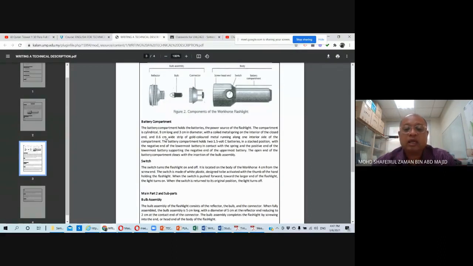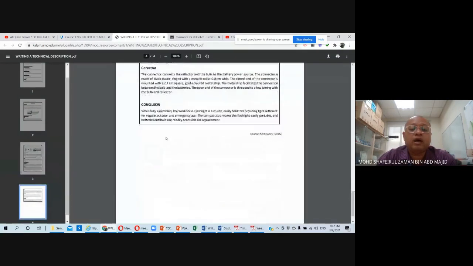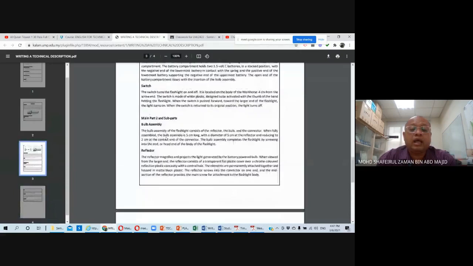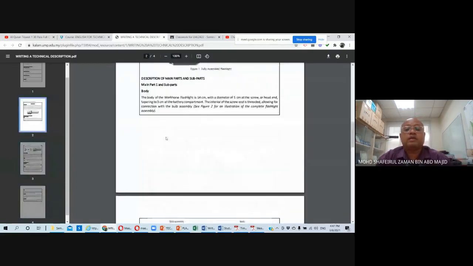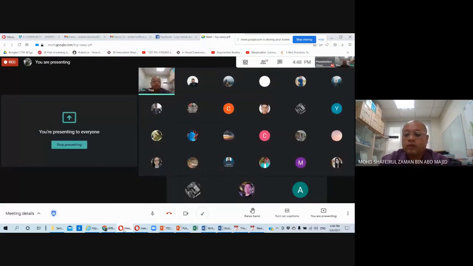Each part can also consist of no subparts at all. So it is normal, no worries about that. This is an example of how you can plan and organize your presentation or description about the product. Question, class?